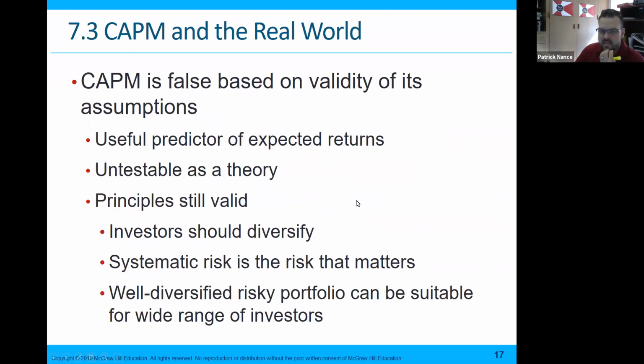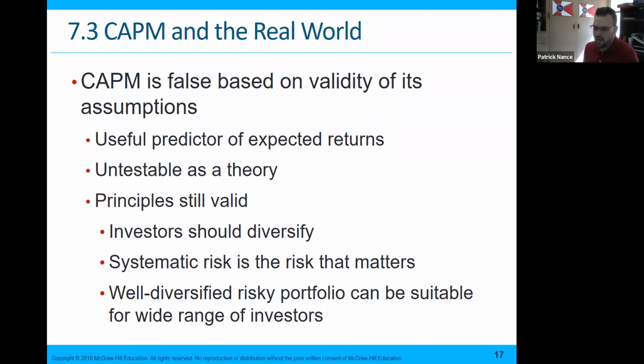CAPM is false based on the validity of its assumptions. I said up front that CAPM, while it's an interesting thought and something important that you do need to learn, makes many assumptions that are just out there, like no transaction costs, no tax implications, and some of those things that aren't going to be the case.